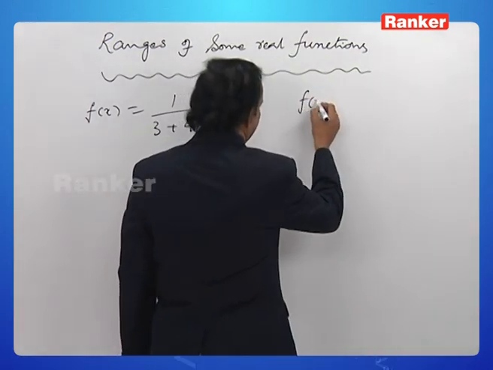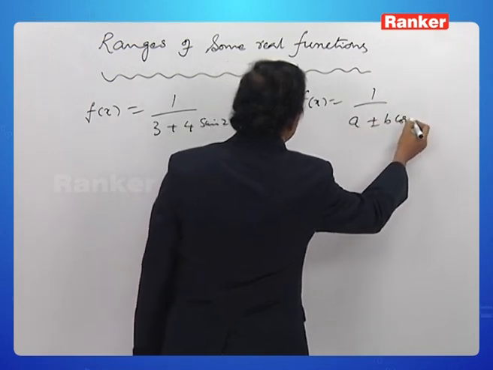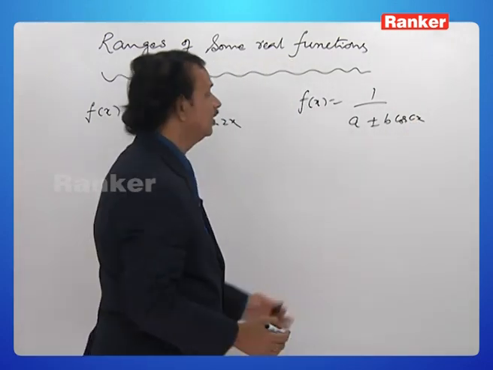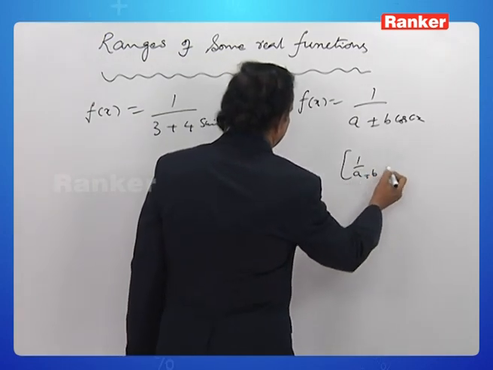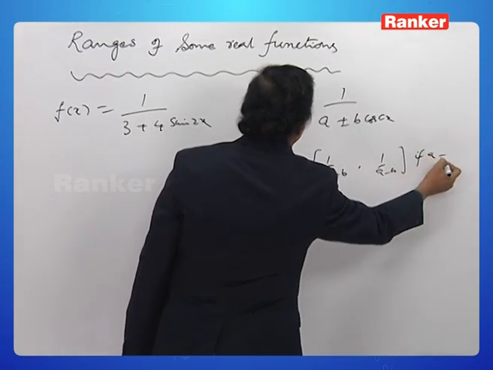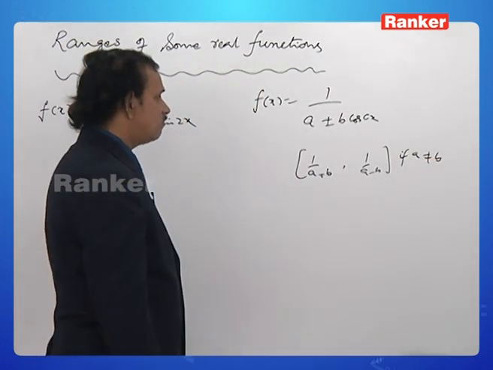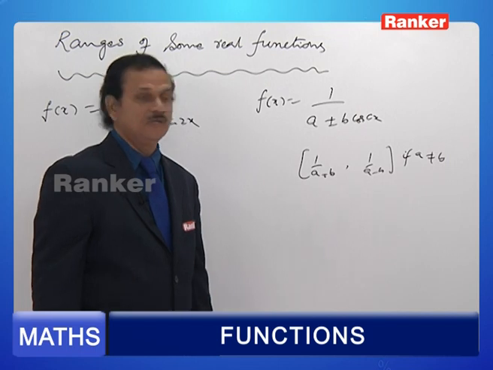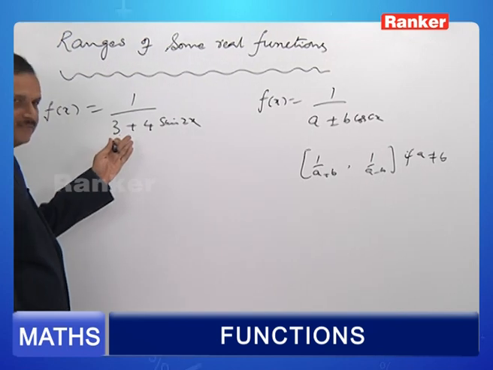As and when a function is of the form 1 by (a plus or minus b cos cx), or even sin x in place of cos x, the answer is 1 by (a plus b) to 1 by (a minus b) if a is not equal to b. If a and b are different. Otherwise, if a is equal to b, it becomes 1 by (a plus b) to infinity.